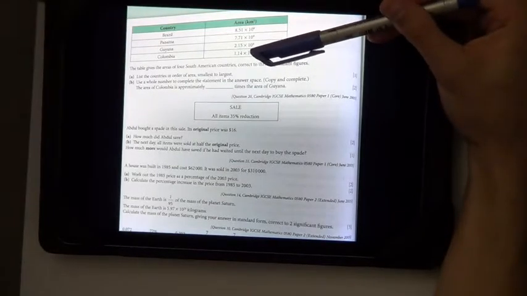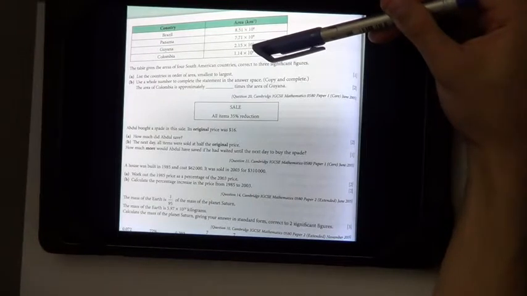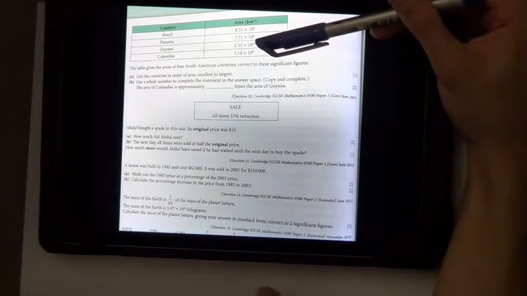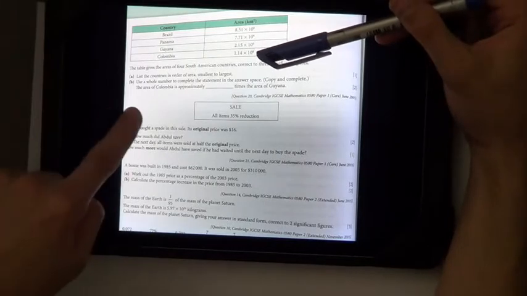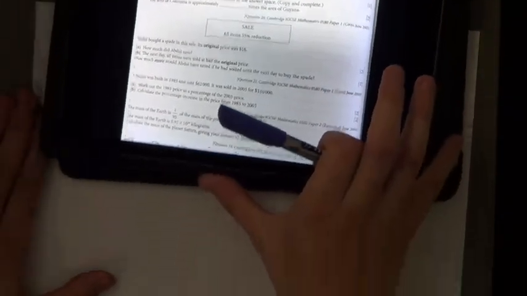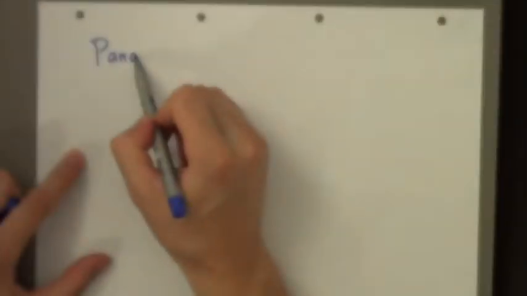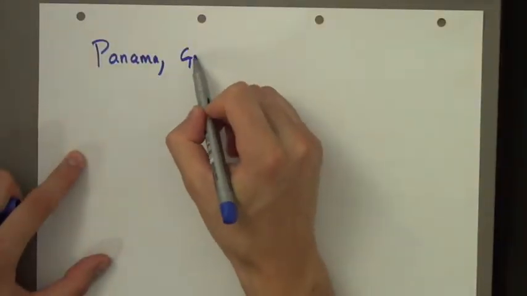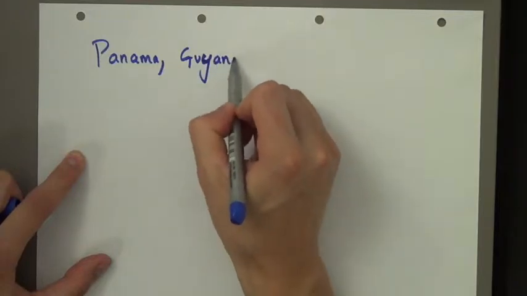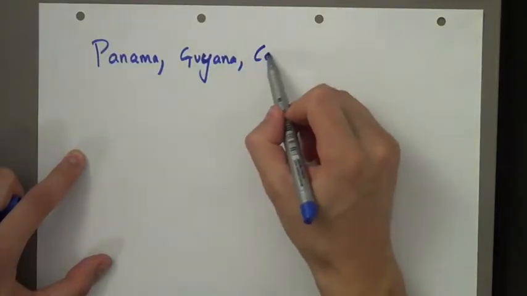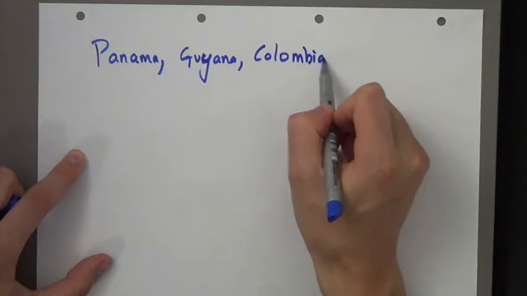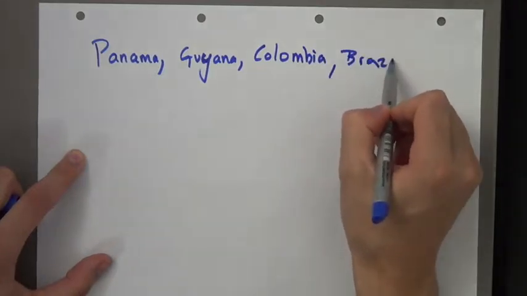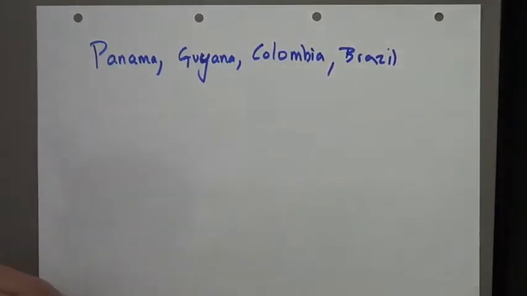Then the next one is Guyana, 10 to the 5, and the last one is Panama. So Panama is the smallest. It says from smallest to largest, so the answer is going to be Panama, then Guyana, then Colombia, then Brazil.